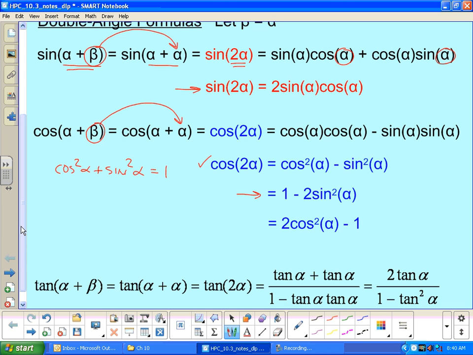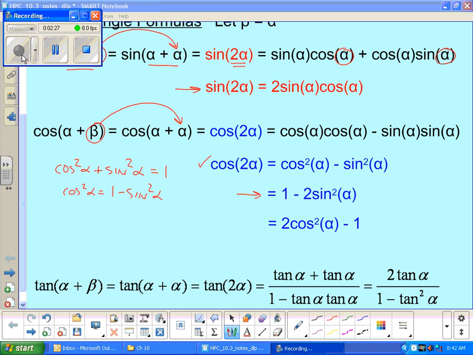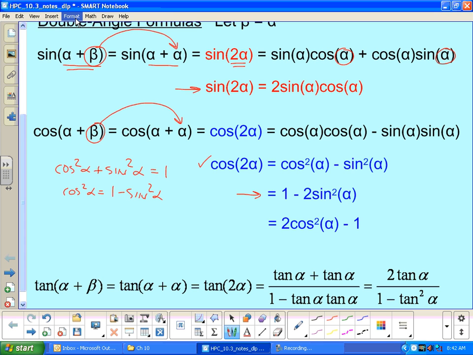If I solve this for cosine squared, I get 1 minus sine squared. If we replace the cosine squared with 1 minus sine squared, we get 1 minus sine squared alpha minus another sine squared alpha, which is where 1 minus 2 sine squared alpha comes from.